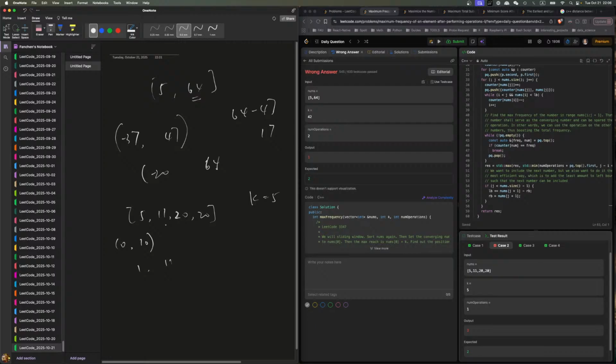No, because operation is only 1, right? Minimum is 1 plus. That is wrong.